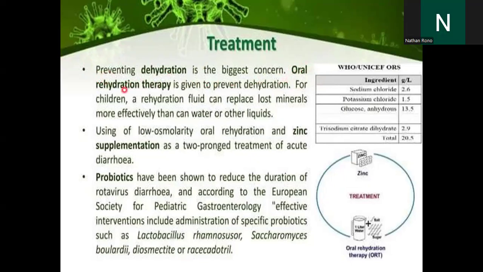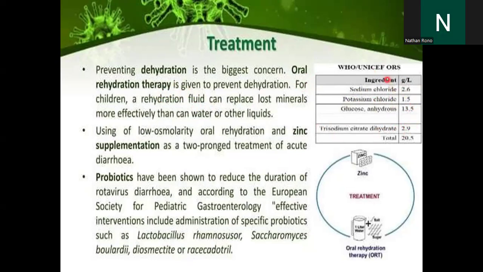So oral rehydration therapy is given to prevent dehydration. For children, a rehydration fluid can replace lost minerals more effectively than water and other liquids. Basically the difference between ORS and water is that it has certain minerals and electrolytes. So it has sodium chloride at 2.6, potassium chloride, anhydrous glucose, trisodium citrate dihydrate.